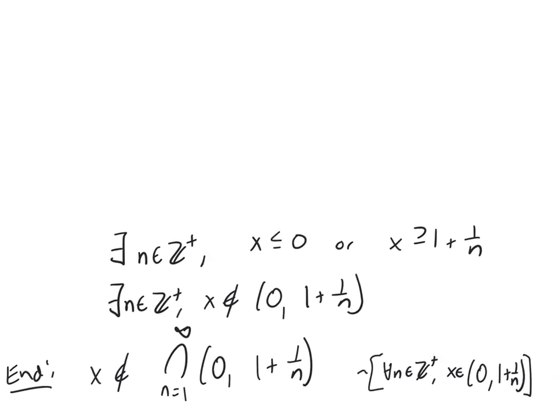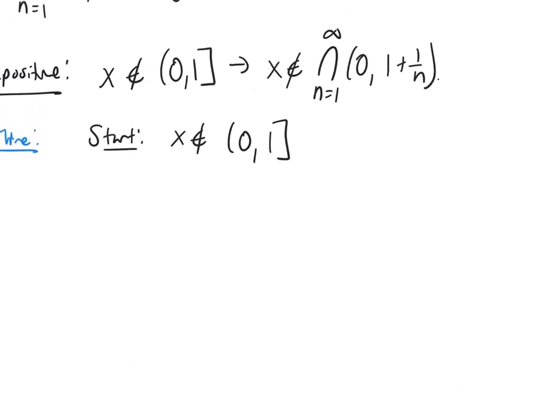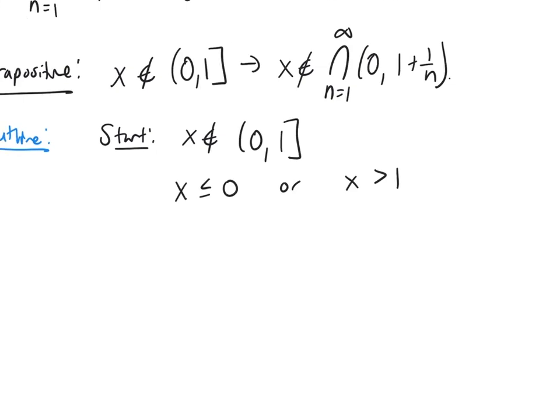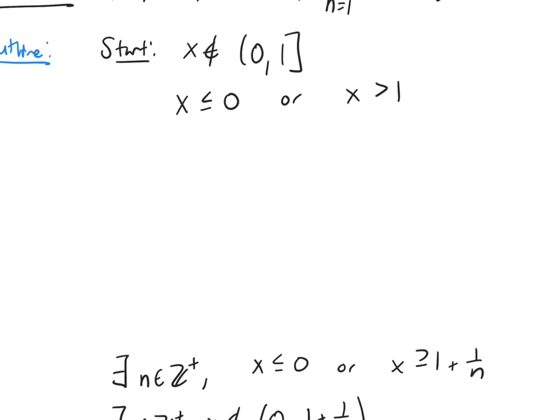All right, so I need to get one of those two things happening. Let's go back up to the start of our proof. If x is not in (0, 1], that means x is less than or equal to 0, or it's bigger than 1. Remember I needed to get one of two things happening, and I've already got one of those. Because this is an or statement, you're going to have to split this up into cases.